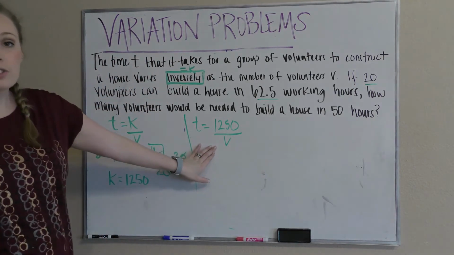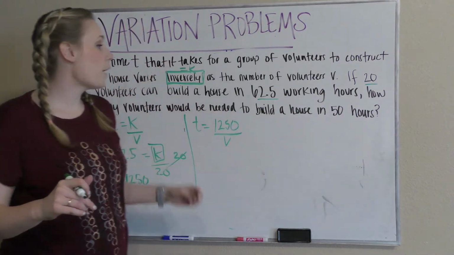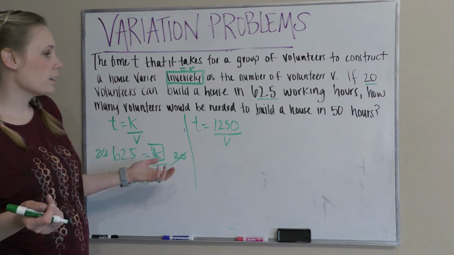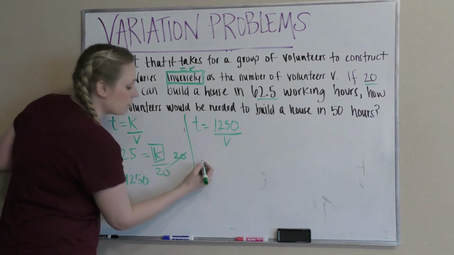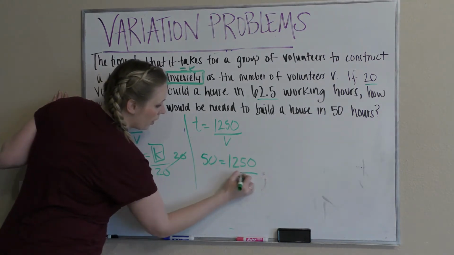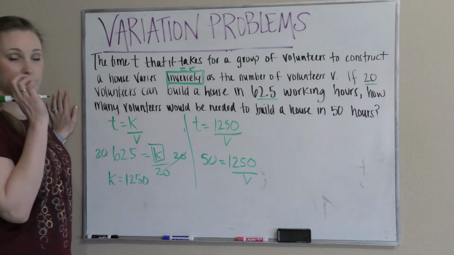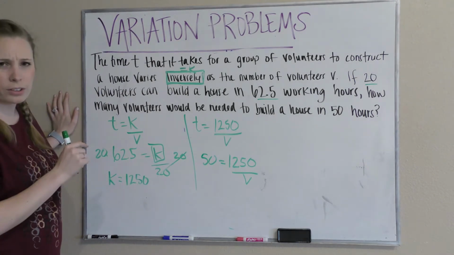Now that we have an equation, we have enough information to solve this. We want to know how many volunteers it will take to build a house in 50 hours. So I'm going to plug 50 in for t. And then we're going to solve for v. We have v in our denominator right now.